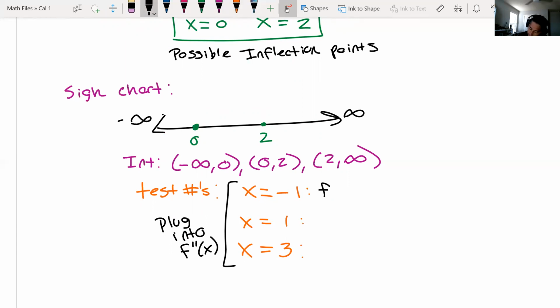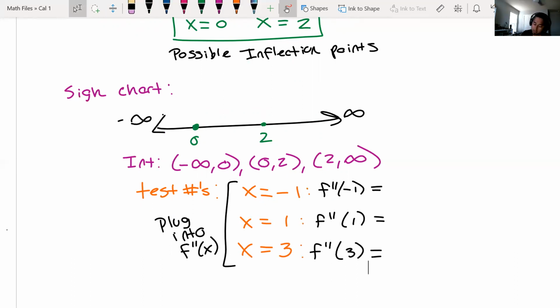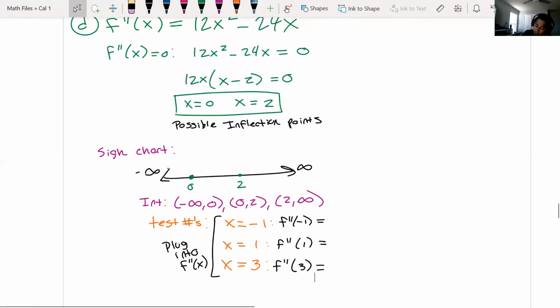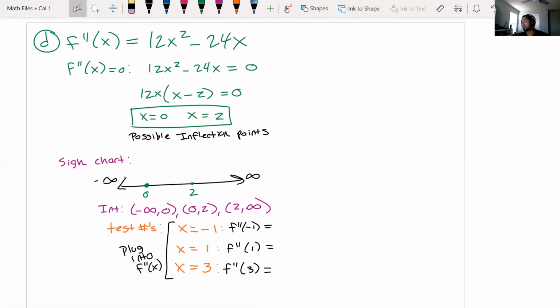We have f double prime of negative 1, f double prime of 1, and f double prime of 3. Once again, I don't care about the number, I just care about the sign.